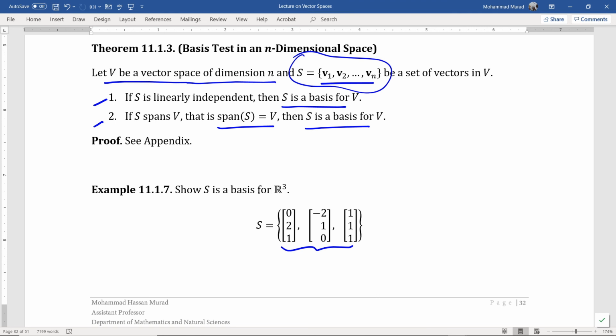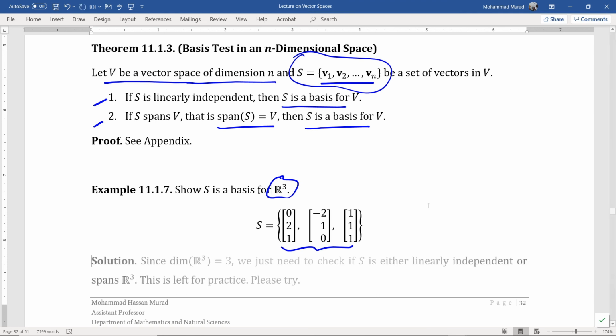In this case, since S contains three vectors and the dimension of the vector space R3 is 3, we just need to check any one of the two conditions stated in theorem 11.1.3.